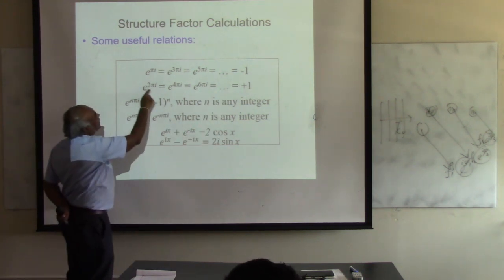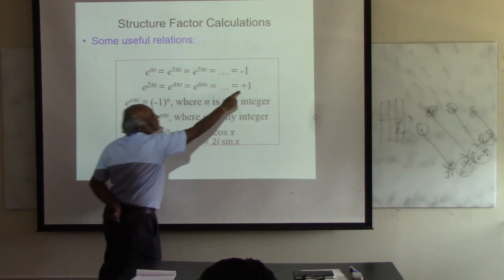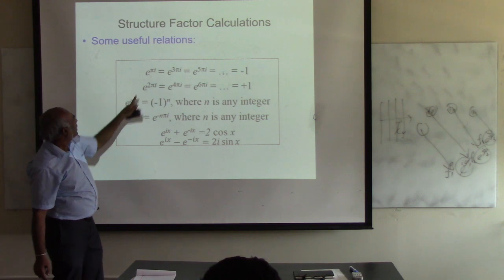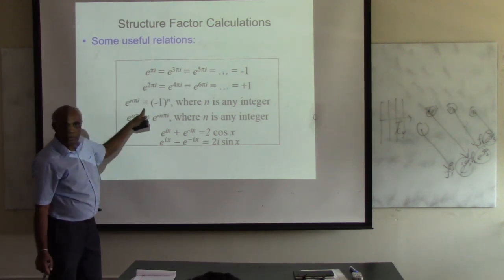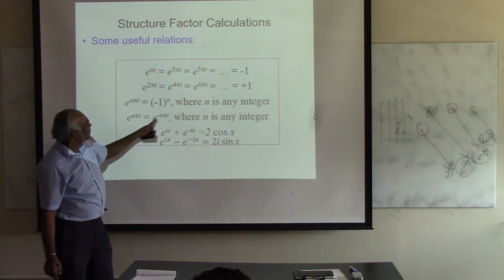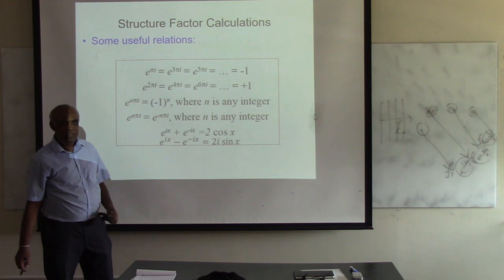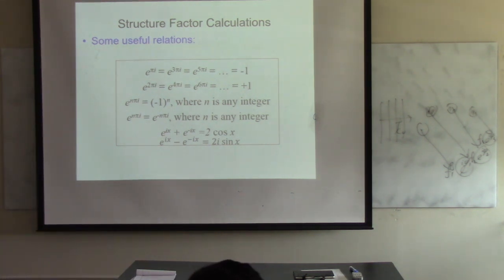Any even number, 2 pi, 4 pi, 6 pi, that's always plus 1. So then we know how to write this. e to the i pi is negative 1, and to the power n if you have. This is also true. So you should remember these identities. Also another identity I haven't written here.